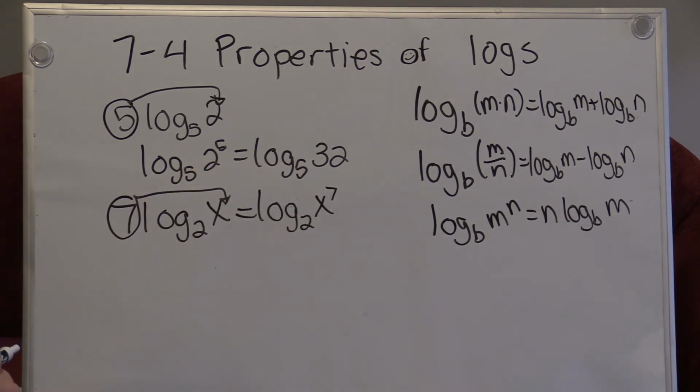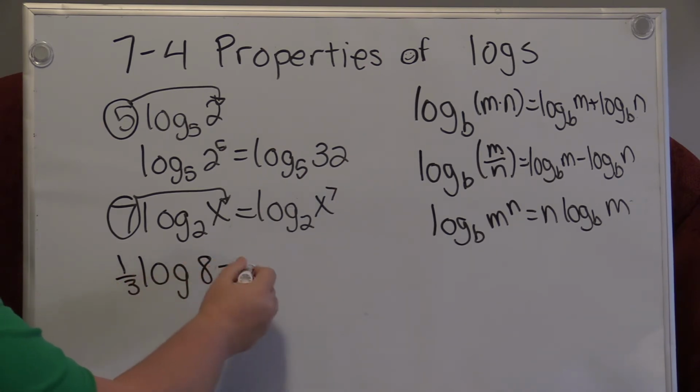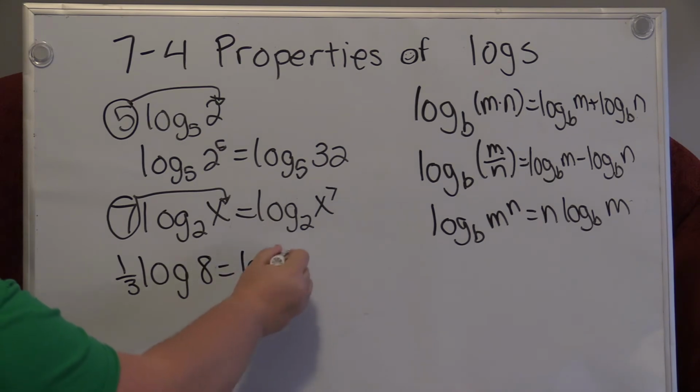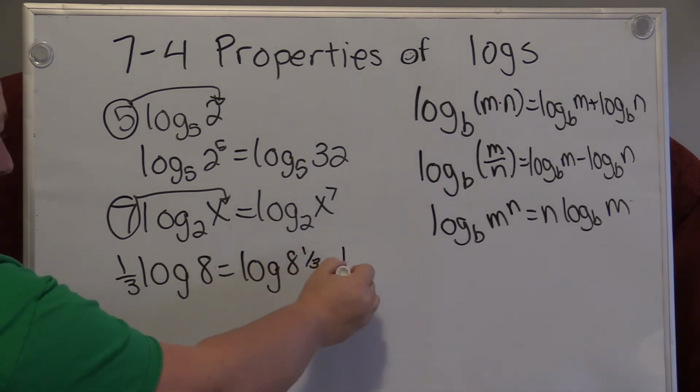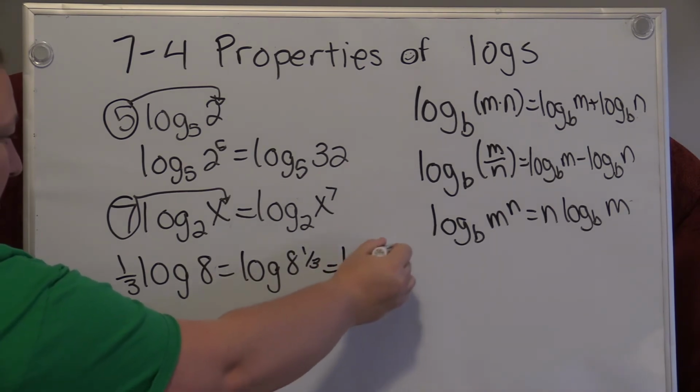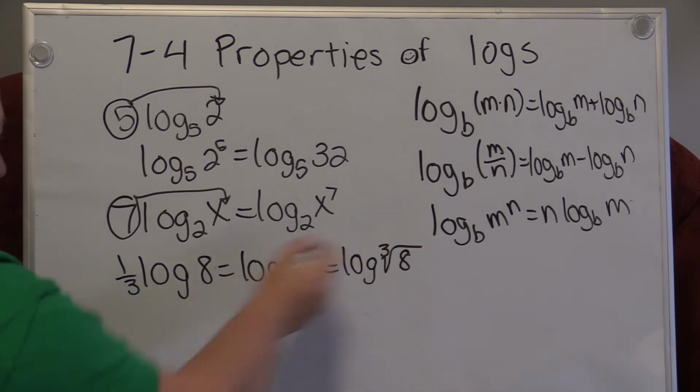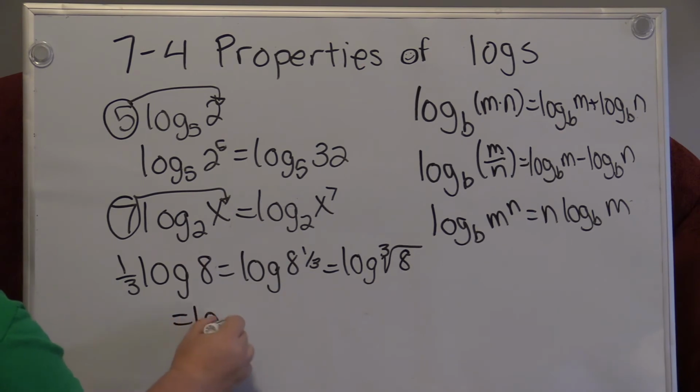My last example for you all will be 1/3 log of 8, which is log of 8 to the 1/3 power, which is the log of the cube root of 8, which is simply the log of 2.